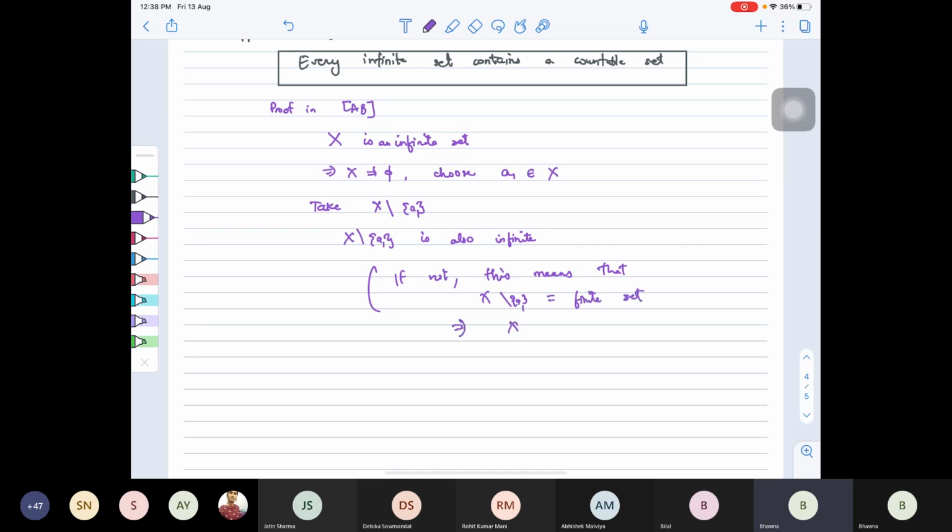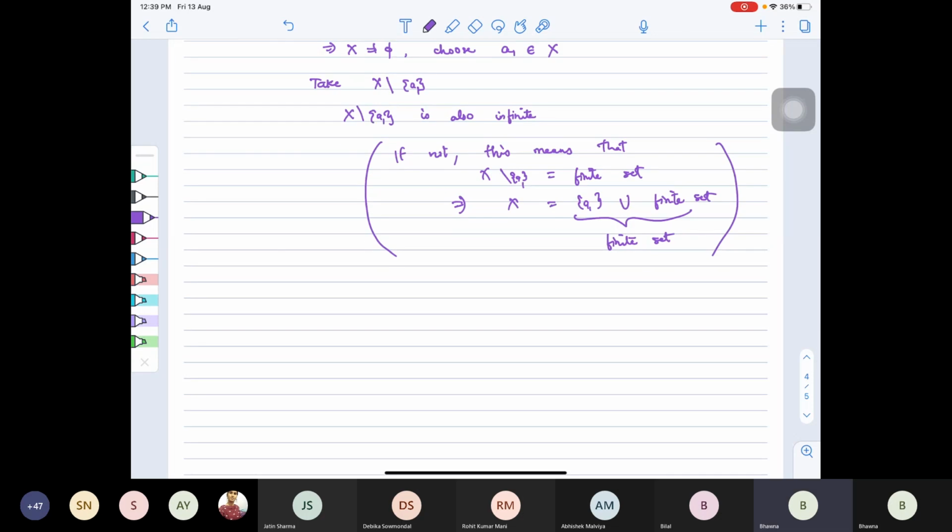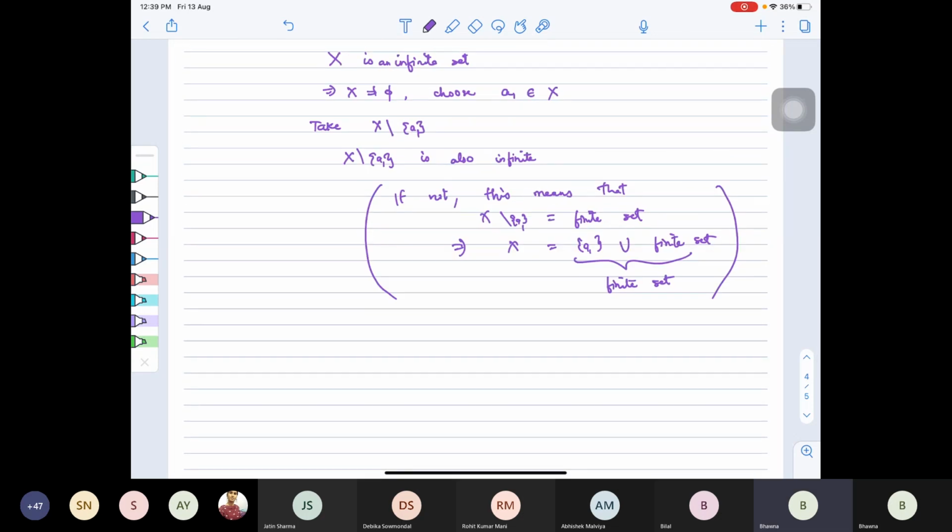This implies X is equal to A1 union a finite set, which is again a finite set. This is not the case. We should know that X minus A1 is also infinite, so in particular it is non-empty.